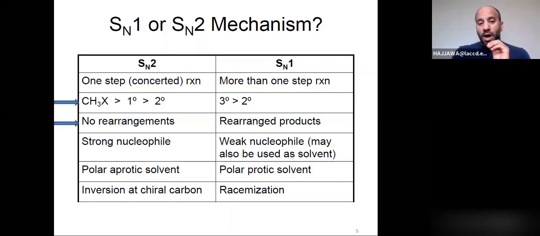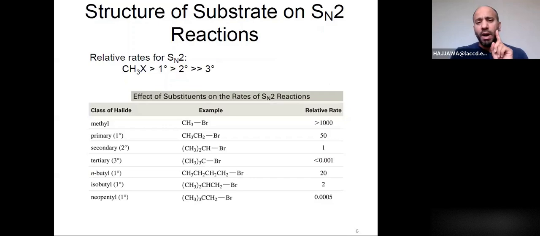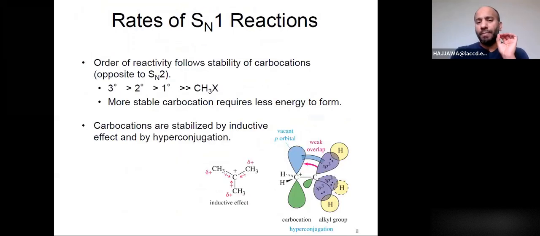That's important to keep in mind. And just to remind you of the ranking when it comes to SN1: tertiary, then secondary, then primary or methyl X, even though primary and methyl X don't actually go through an SN1. But let's say they exist, hypothetically, they will be lower in terms of relative rate.